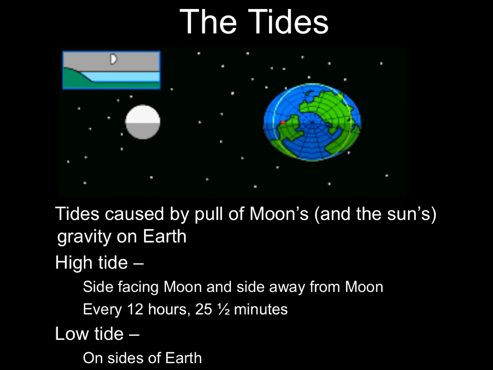In this diagram, high tides would occur here and here. Low tides would be happening for people here and here. If you watch the PowerPoint in slideshow mode, this diagram and the one on the next page are animated so you can see how the water rises and falls with the passing moon.